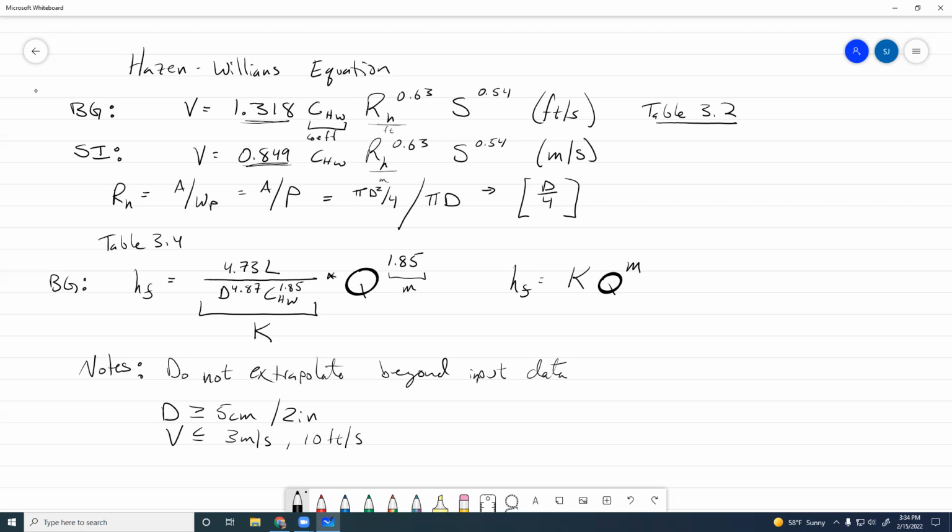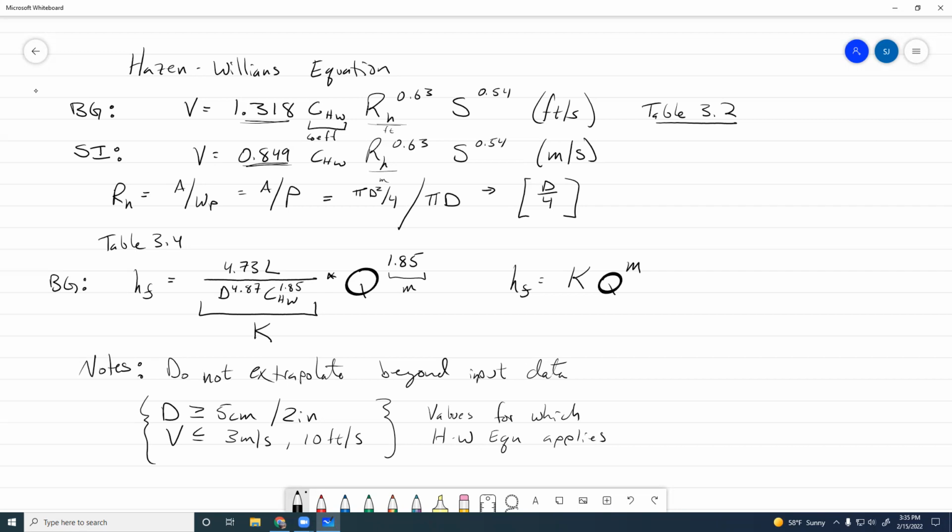Right here. These are the values for which the Hazen Williams equation applies.